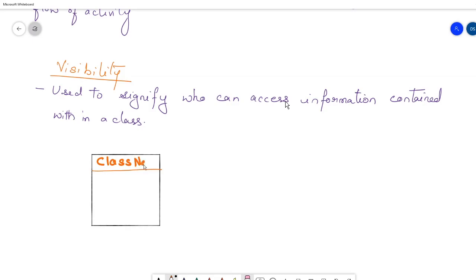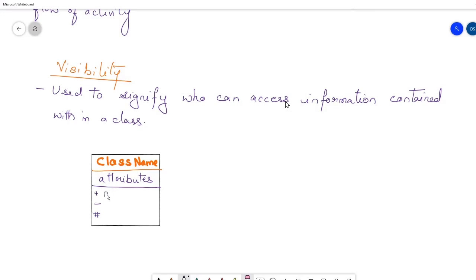Class name. Now this class would have some attributes, and now in many of the diagrams you would have seen this plus, minus, hash.